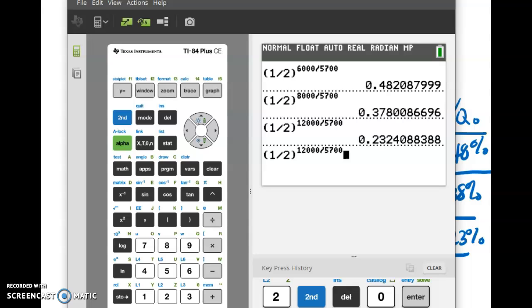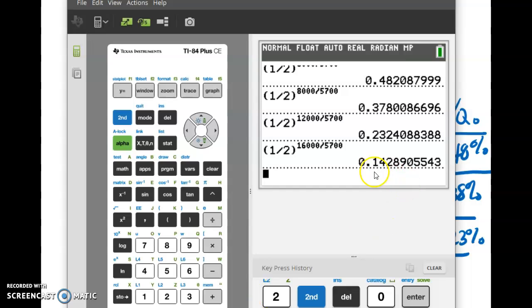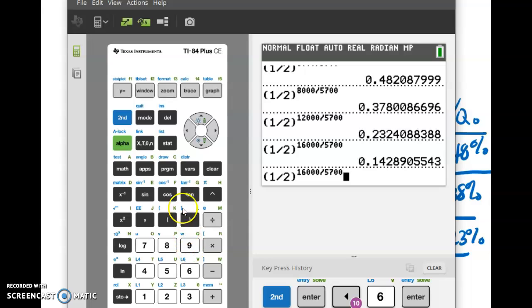And this one says round to the nearest thousand. So I would have my answer 6,000, 8,000, 12,000. So if I change it to 16,000, I'm getting closer, a lot closer. So let me go to 17,000.